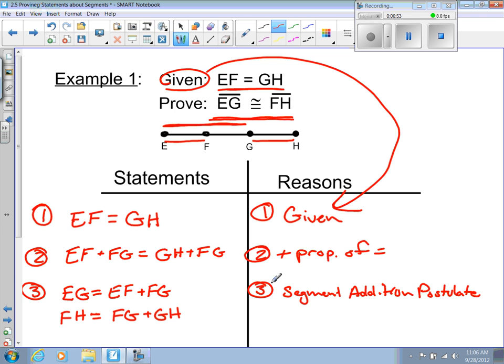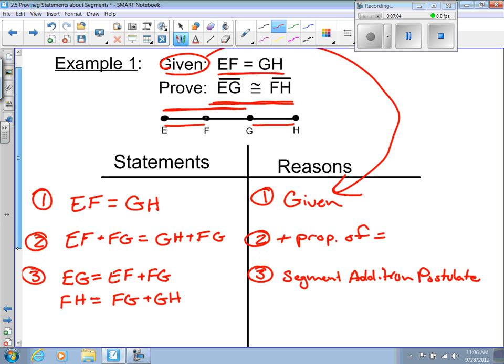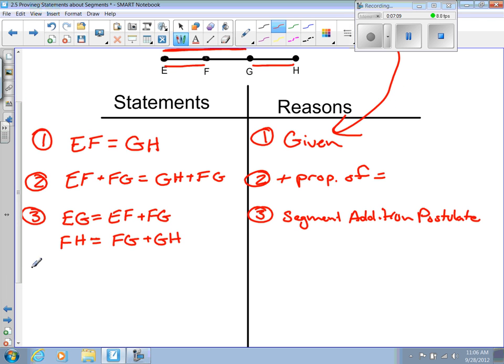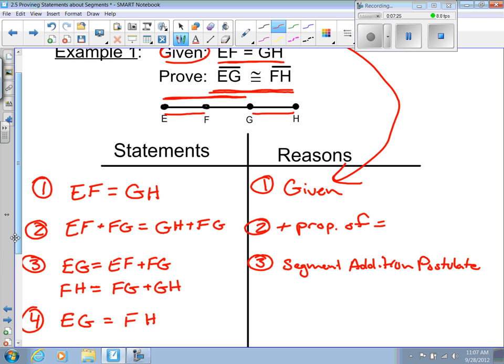So we're using the diagram to come up with this piece of information. To come up with statement 2, we use statement 1. Statement 2 followed from statement 1. Statement 3 is kind of its own thing right now. It came from the picture. Statement 4 is going to be that EG equals FH, because that's getting pretty close to what I want to prove.